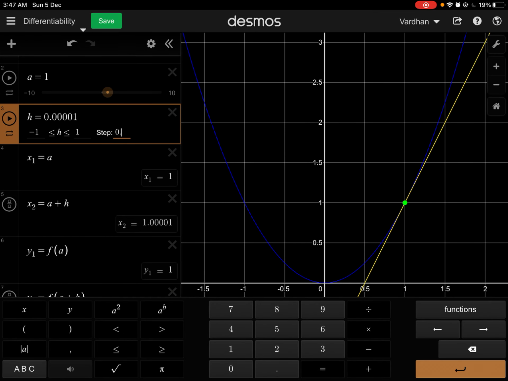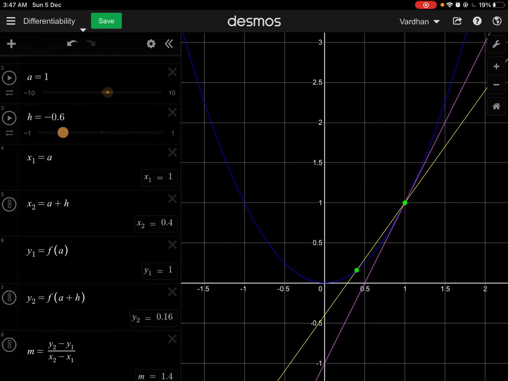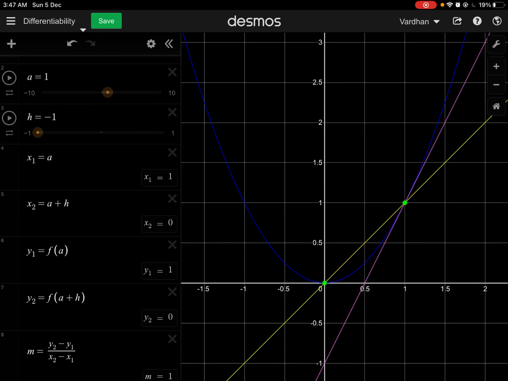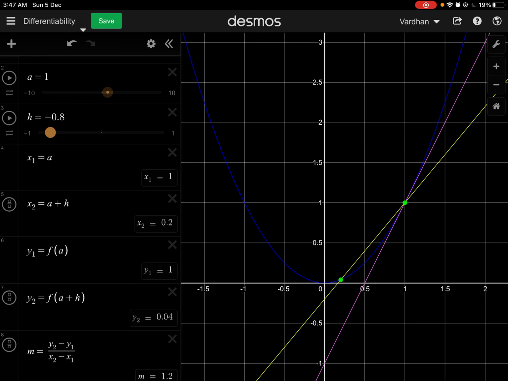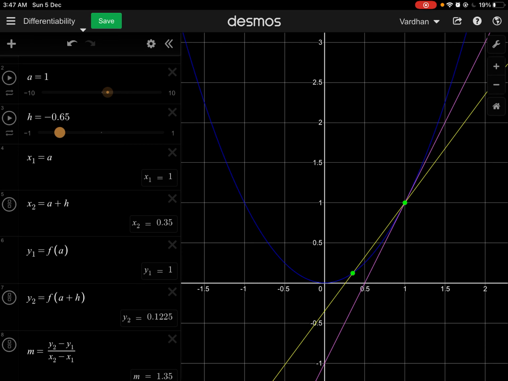So over here, suppose we start at -1 and we slowly increase the value of h so that it approaches 0. If we do that, the yellow line again approaches the pink tangent line.